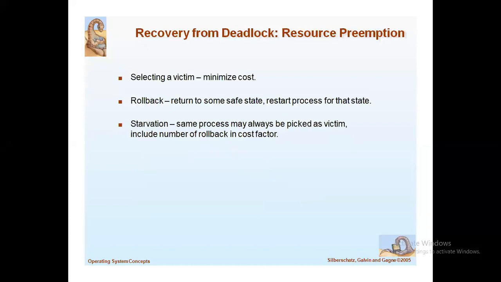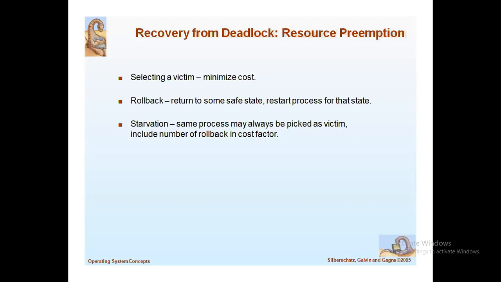Whereas in the optimistic approach, there are three ways we can recover from the deadlock: selecting a victim, rollback, and starvation.